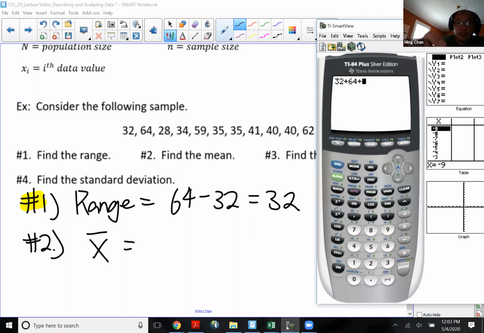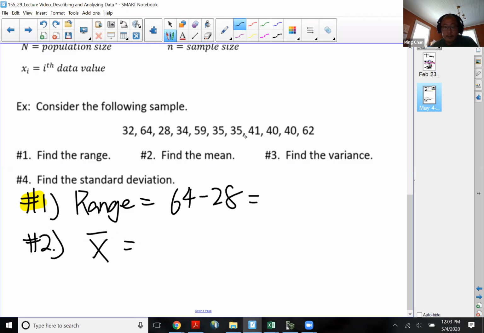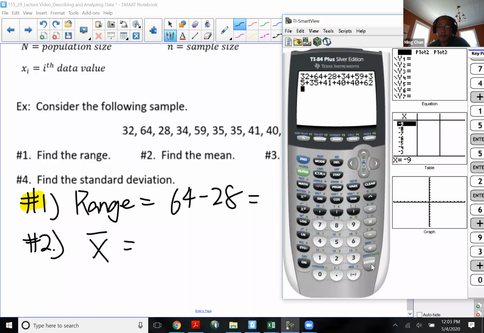Oh man, 28 was my smallest number in it. 32 plus 64 plus 28 plus 34 plus 59 plus 35 plus 35 plus 41 plus 40 plus 40 plus 62. Just make sure we don't type it in wrong. Okay, the sum is 470.